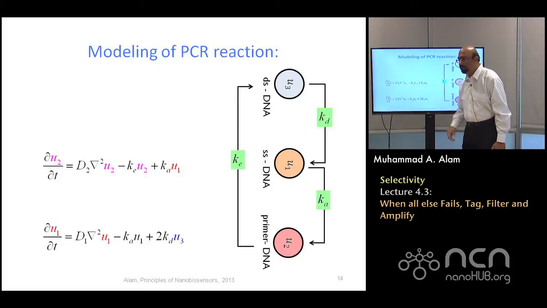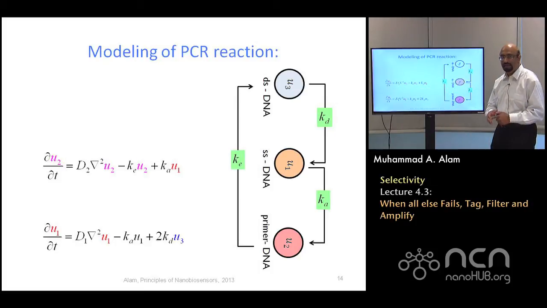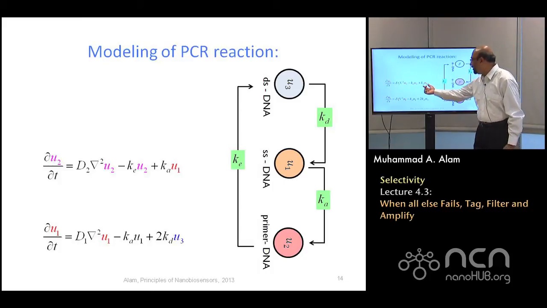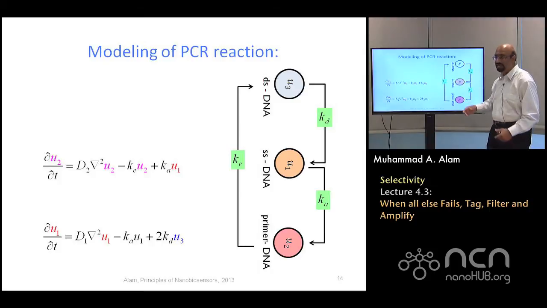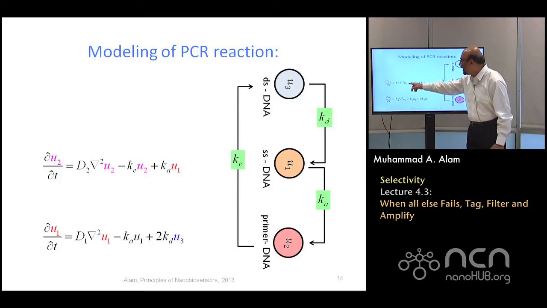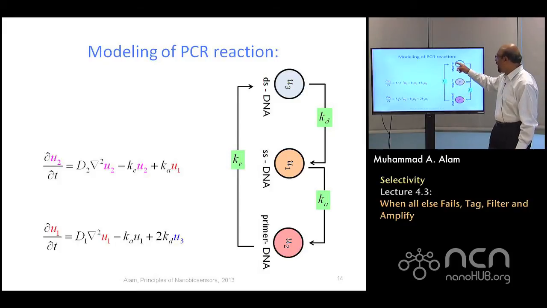The primed molecules can move around, diffuse around on their own, or they can be joined by some single-stranded DNA which has just captured the primers, or they can essentially go back and, after completing the double-stranded DNA process, join this population because the building up of the DNA is now complete.